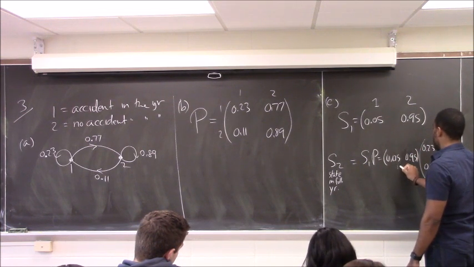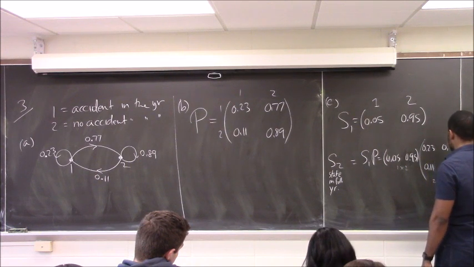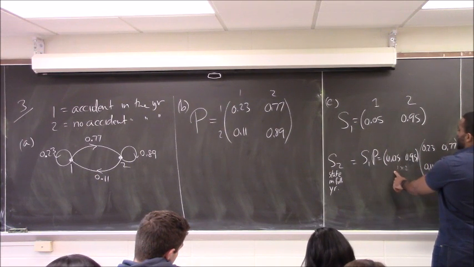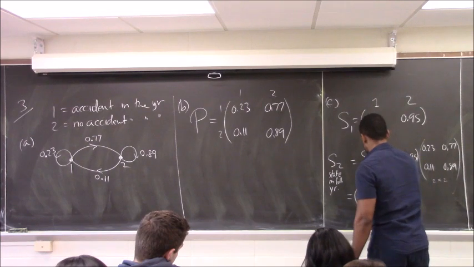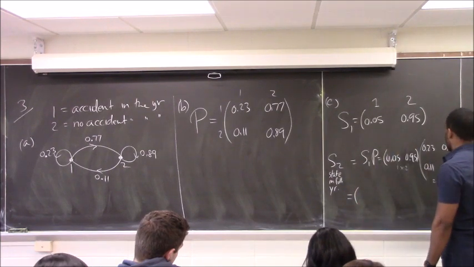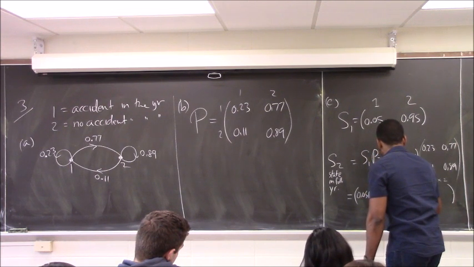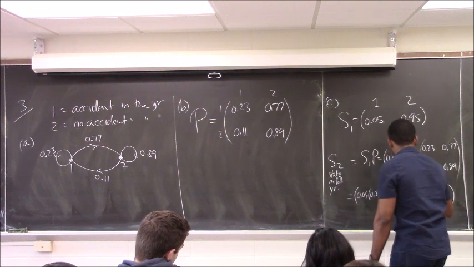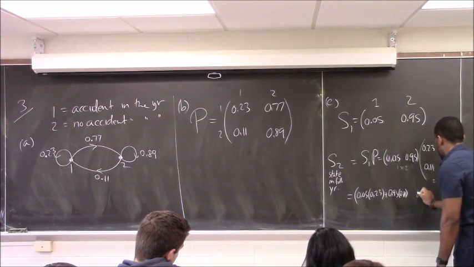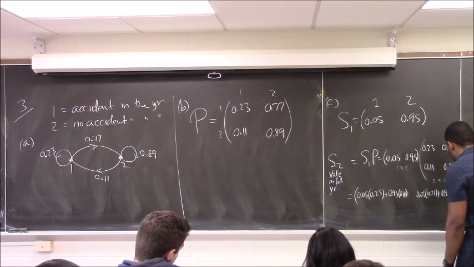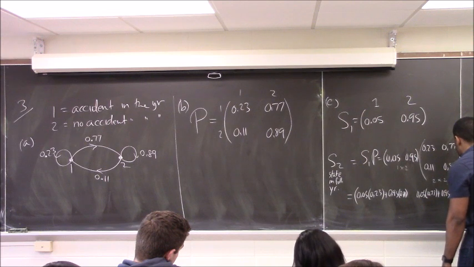This is a 1 by 2, that is a 2 by 2, so these must match up. The result is going to be a 1 by 2, which is going to be, in this case, 0.05 times 0.23 plus 0.95 times 0.11, and 0.05 times 0.77 plus 0.95 times 0.89.